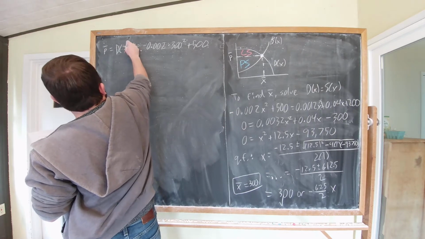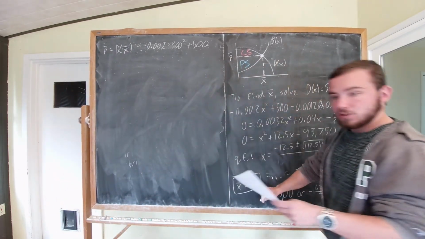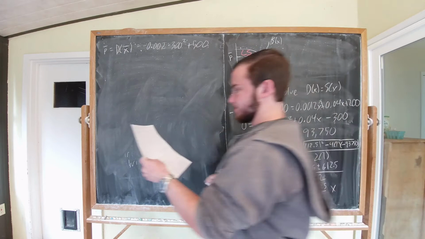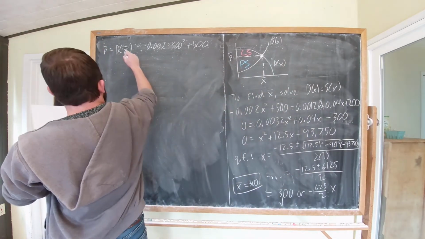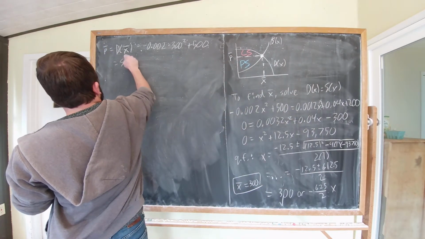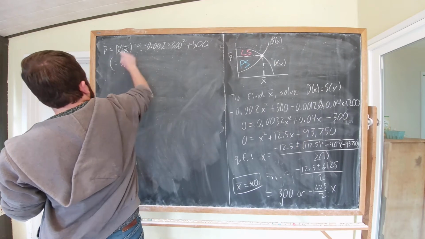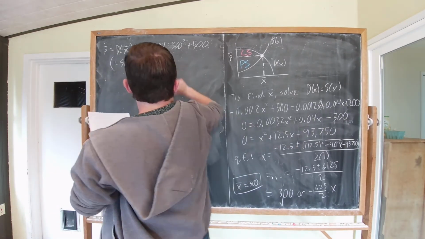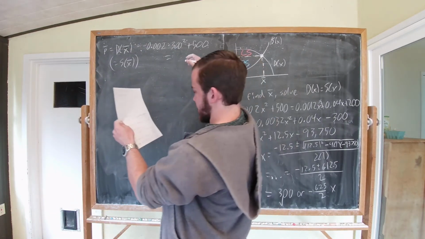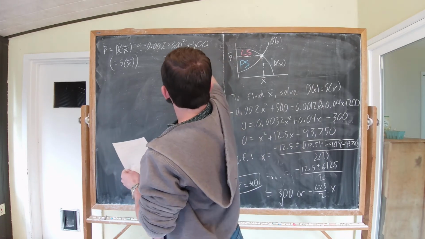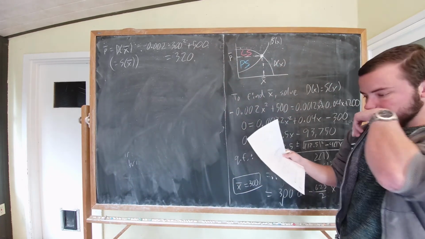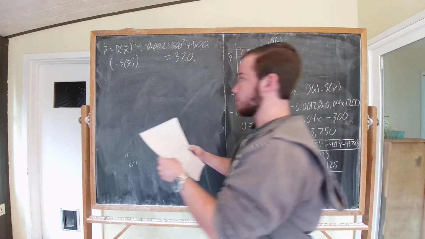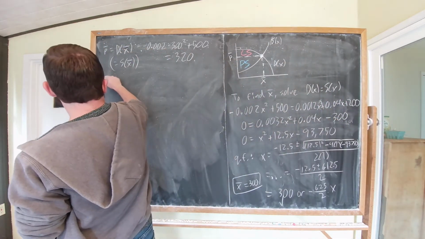Just x bar is equal to 300. Run that through the calculator, and you'll get 320.